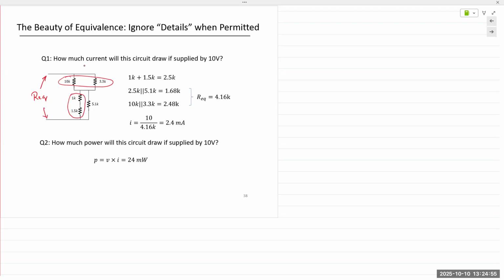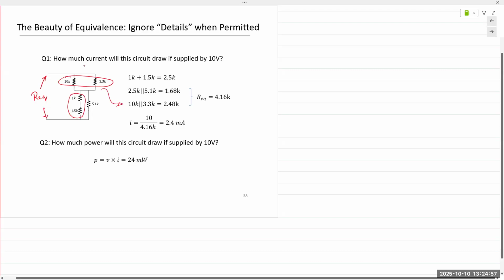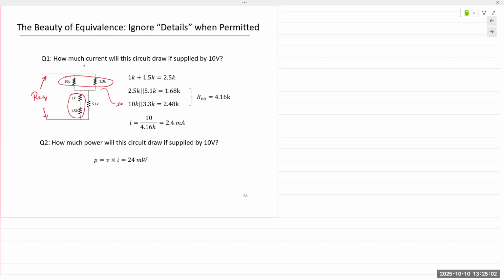10K in parallel with 3K gives us 2.48, and 1 and 1.5 in series gives us 2.5. Okay, so we can reduce those. So let me just draw it out.